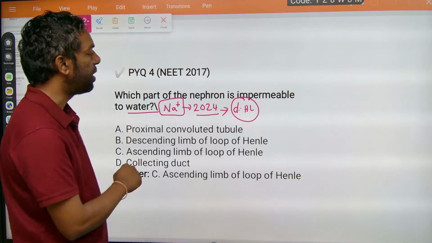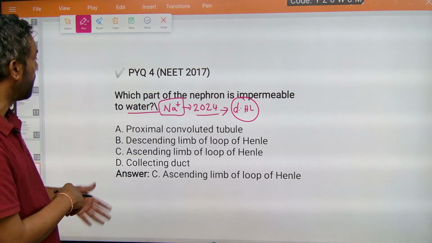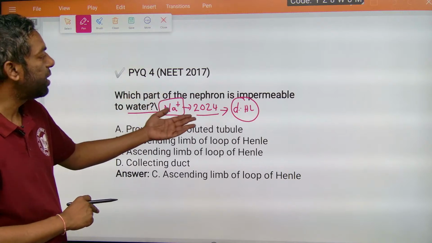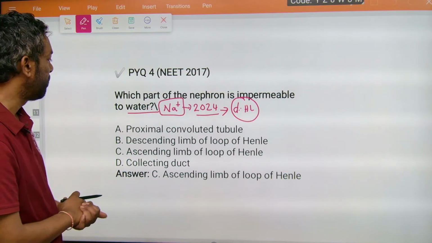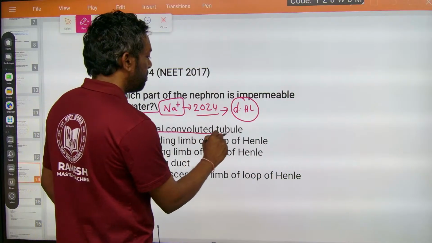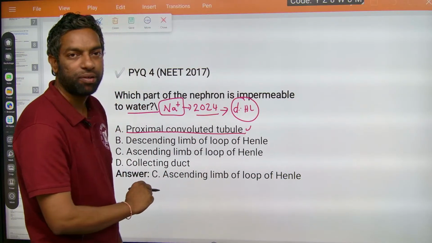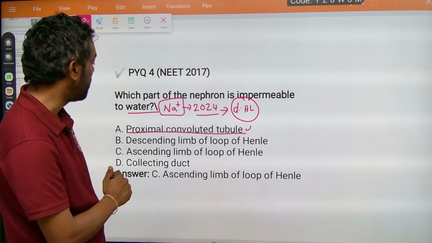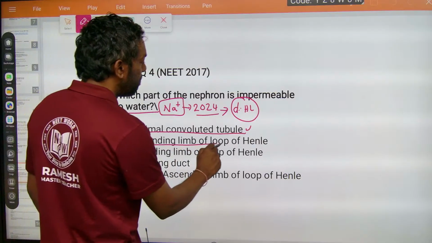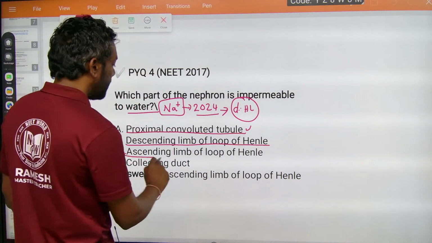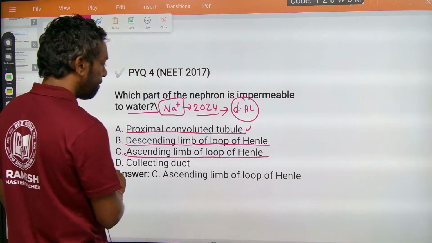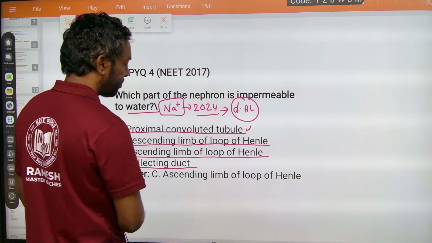Actually, they did ask an indirect question. Here, which part of the nephron is impermeable to water? The PCT is always permeable. Okay? There is osmolarity: descending Henle loop, ascending Henle loop, and collecting duct.